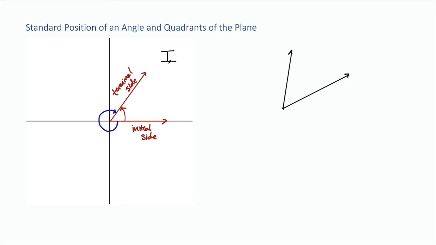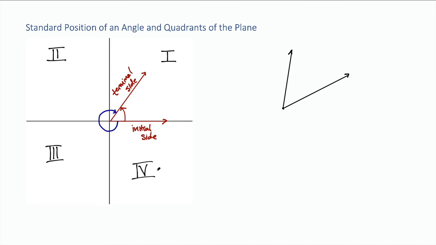So this is the first quadrant, and as we move counterclockwise we get the other numbers: the second quadrant, the third quadrant, and the fourth quadrant. Those are the four quadrants of the plane.